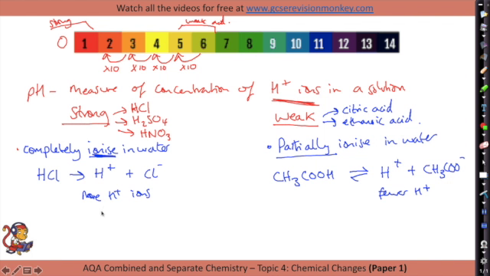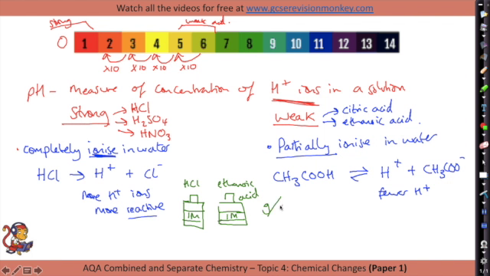So this makes these strong acids more reactive as well, because there are more hydrogen ions in there that can then react. But also we can look at them in terms of the difference between strength and concentration, because we could have two bottles of acid with the same concentration, hydrochloric and ethanoic acid, and we can both, for example, have the concentration of 1 molar. They've got the same amount in grams dissolved per volume.